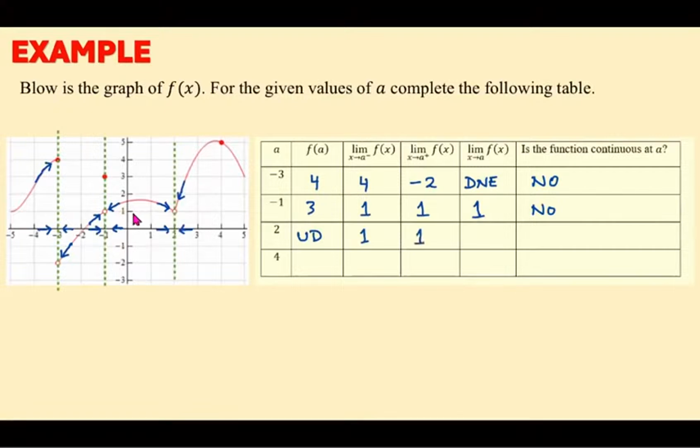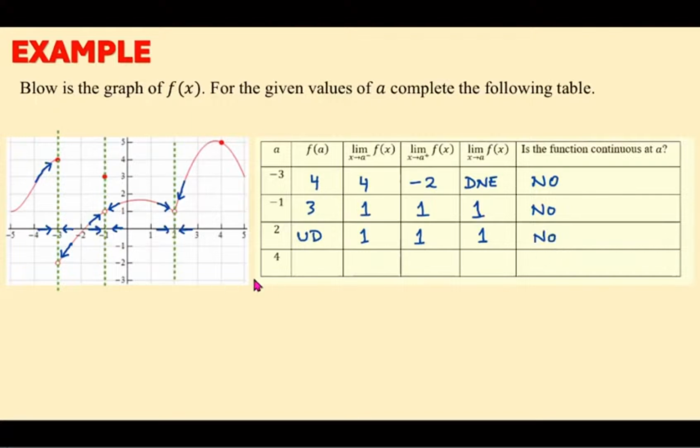The left-hand limit is 1, right-hand limit is 1. Since these two are equal, the limit exists and it is equal to 1. But what you see here is the limit of the function is 1, but the value of the function is not there. For the function to be continuous, the value of the limit and value of the function should be the same. In this case, we don't have that. So the function is not continuous. No, it is not continuous.